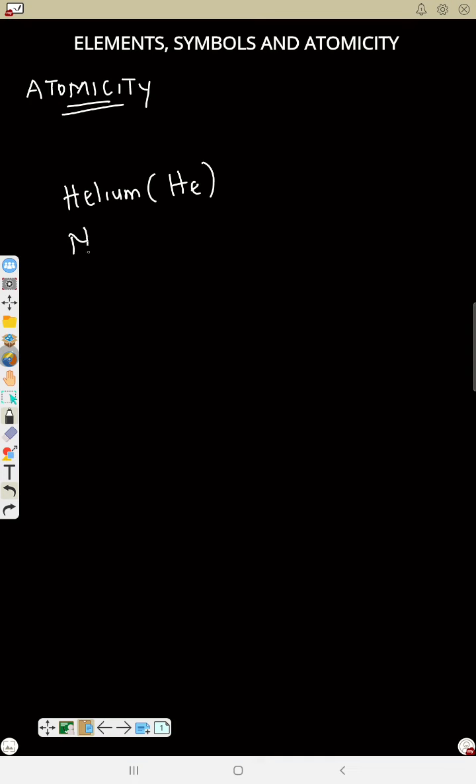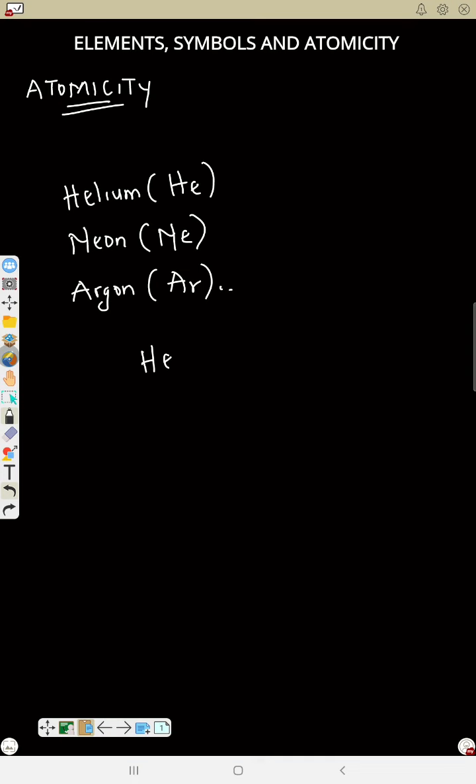Neon, we use Ne. You see, as I'm writing two letters, one will be capital, the other will be small. Argon will be Ar, etc. Each of these has an atomicity of 1.